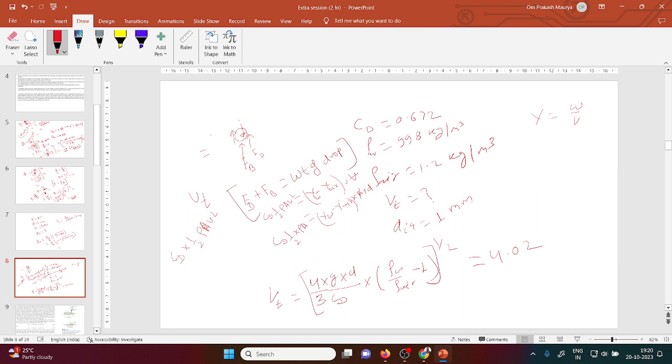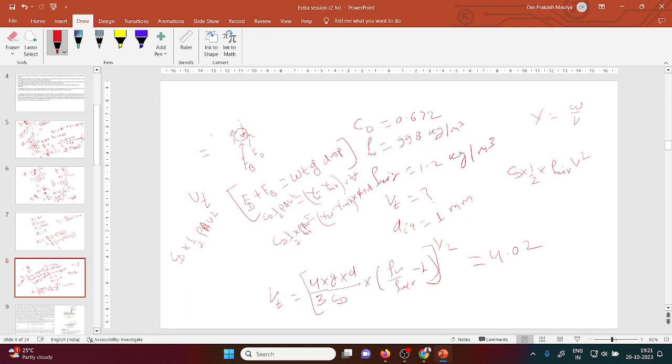Half into rho A V square. So your area is cancelled. What is remaining? I want to write here CD into half. So from here this formula is calculated, right?